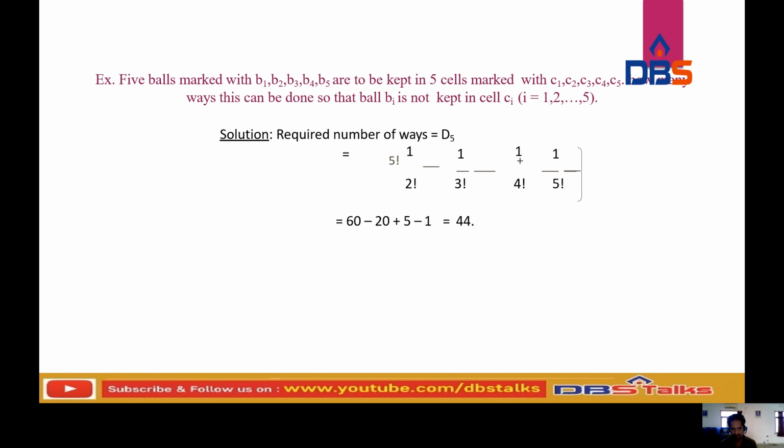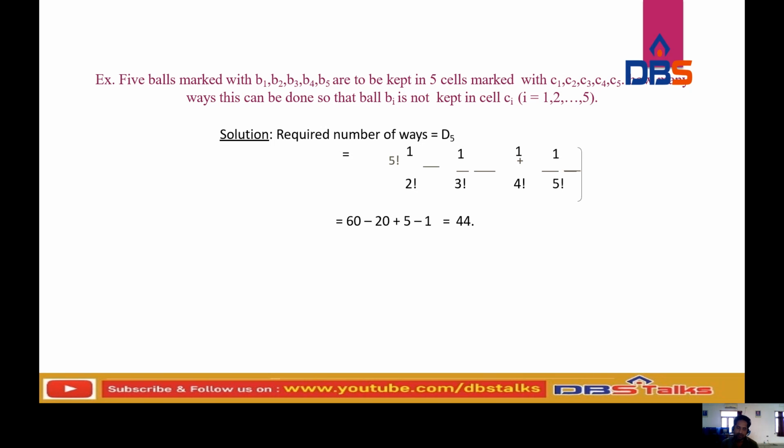See, the required number of ways D5 is equal to 5 factorial times (1 by 2 factorial minus 1 by 3 factorial plus 1 by 4 factorial minus 1 by 5 factorial), that is 60 minus 20 plus 5 minus 1, that equals 44.